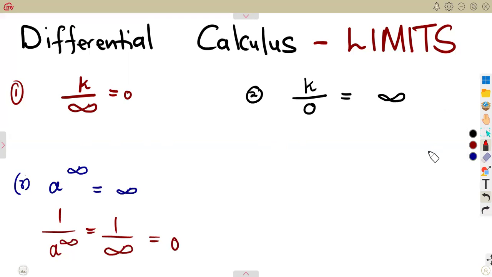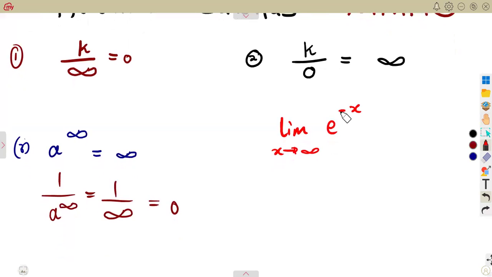So all those fractional exponents, let's say you're given the limit of e to the exponent of negative x, where x is approaching infinity. Remember, that's a negative there, and we do understand that whatever you're given here can be written as 1 over e to the exponent of x, if you're given this as y.